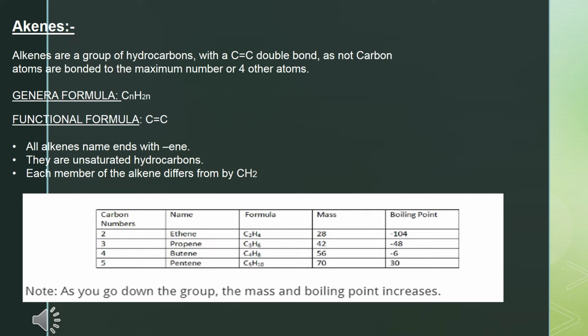If we add 2 to 4, it becomes 6, so our formula becomes C3H6. Now the carbon becomes C4 because of the addition of one more carbon, and 2 hydrogens get added to 6, making 8, so we get the formula C4H8, and so on.